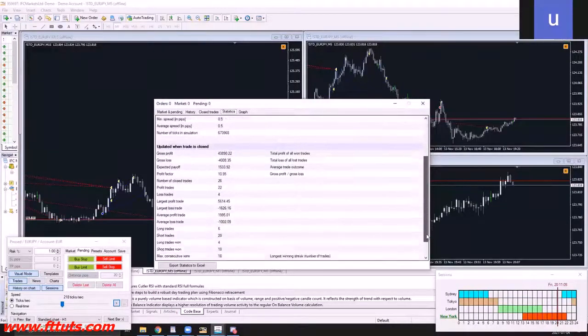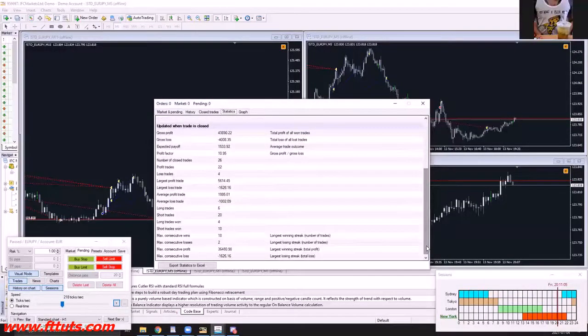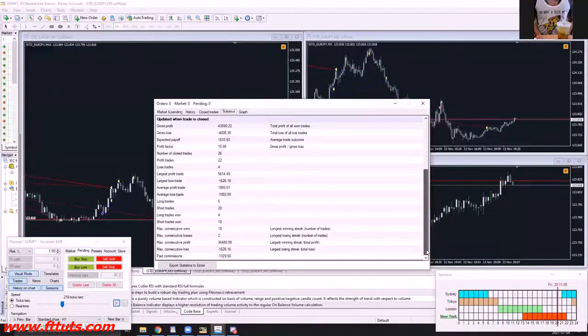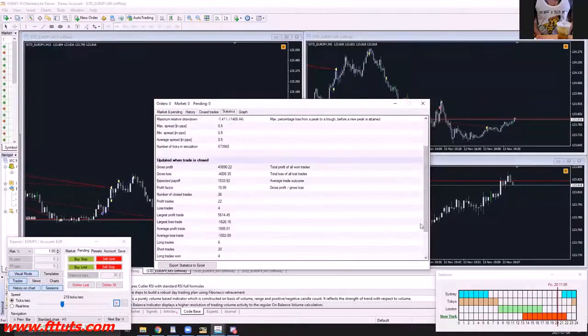That's unheard of. Damn. You manage your risk really, really well. Let's see, you were literally just trading the 15-minute order blocks and then the continuations after, right? Your expectancy was 1,500 or 1.5R, because you're risking a fixed 1,000 or 1% a lot of the time. Profit factor 10.95. That's not bad.